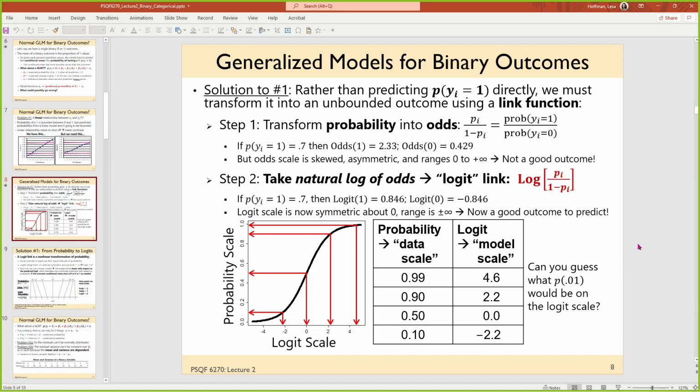Oh, okay, yeah. Now I remember. Remember this part? So if I have a probability of a 1 of 0.99, that corresponds to a logit of 4.6. If I have a probability of 0.01, that corresponds to a logit of -4.6. So they're symmetric about 0, where 0 for a logit corresponds to a probability of 50-50.